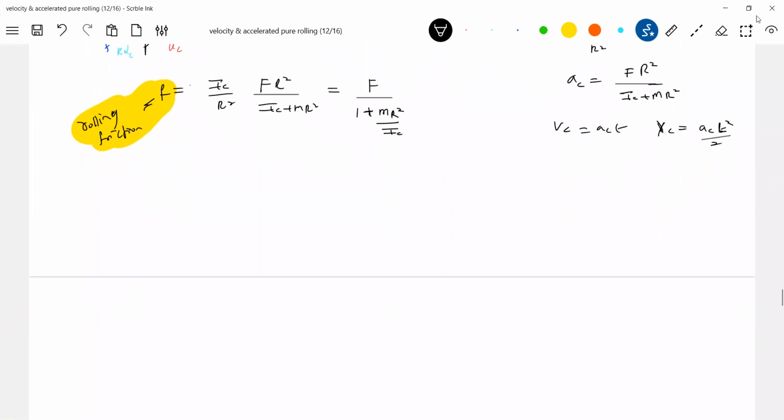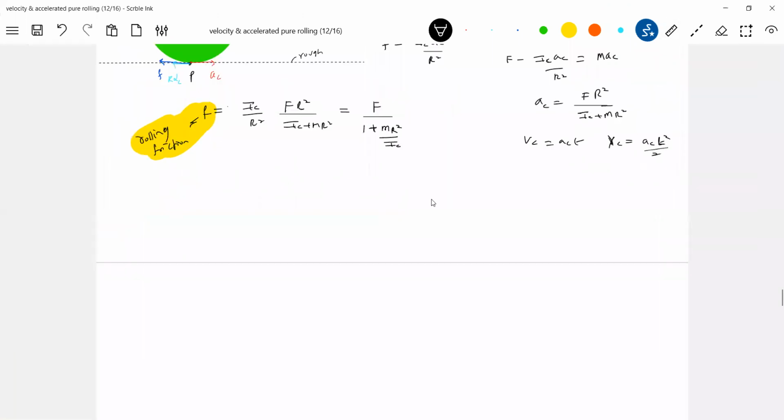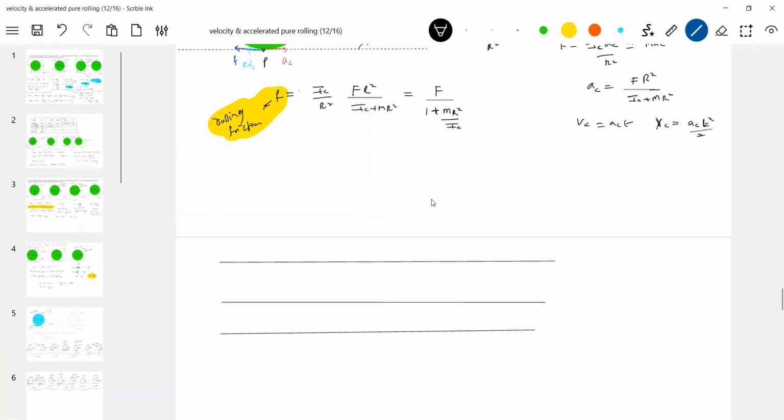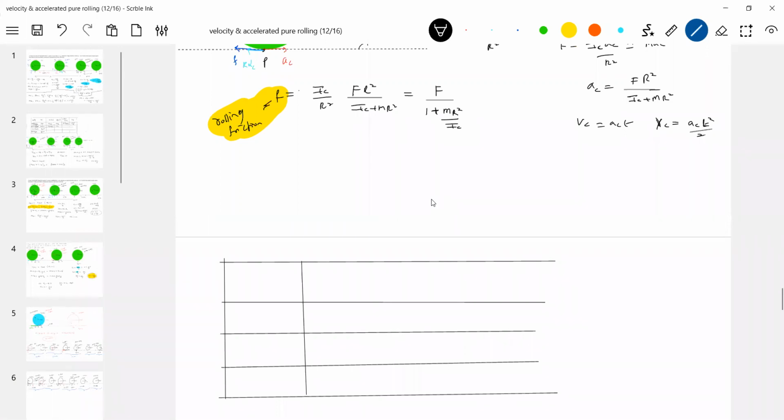So when you draw a tabular column, let me show.